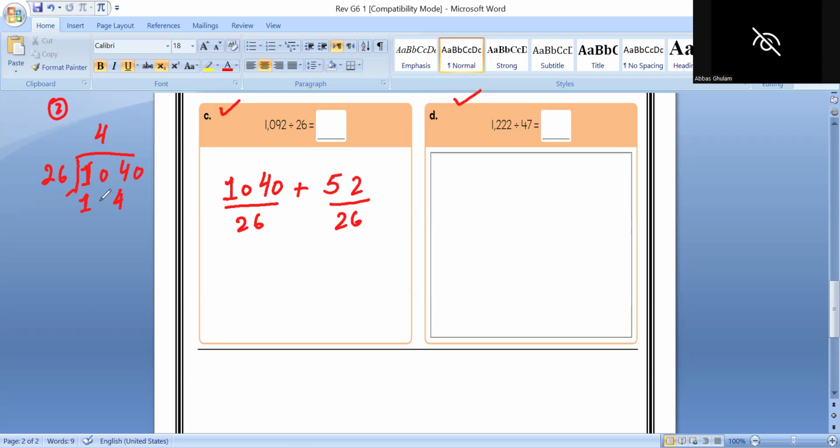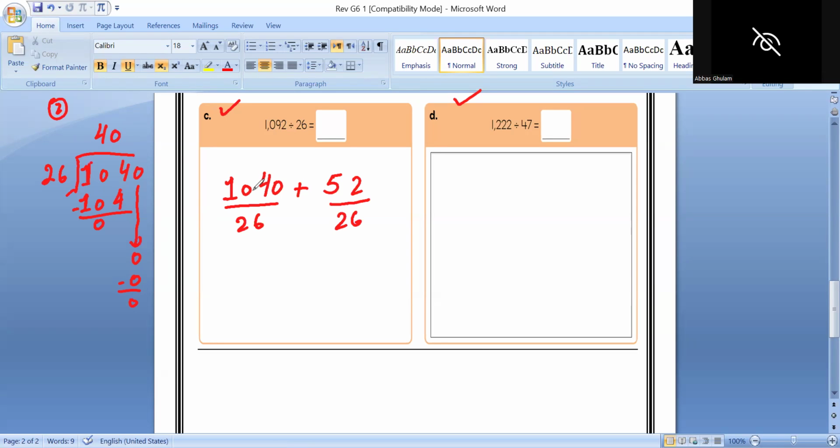This is complete 104. So I can minus it. It gave me 0. Then I bring down this 0. I need 0 in the table of 26. 26 times 1 equal 26. Bigger. So what is less than number 1? 0. 26 times 0 equal 0.